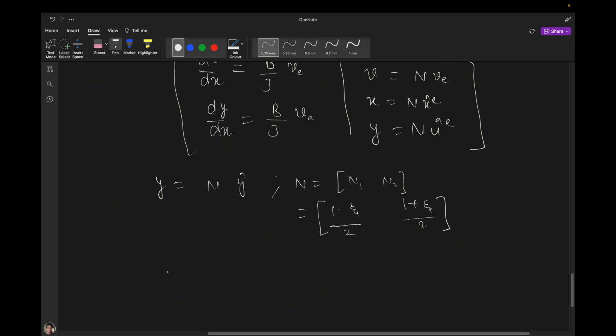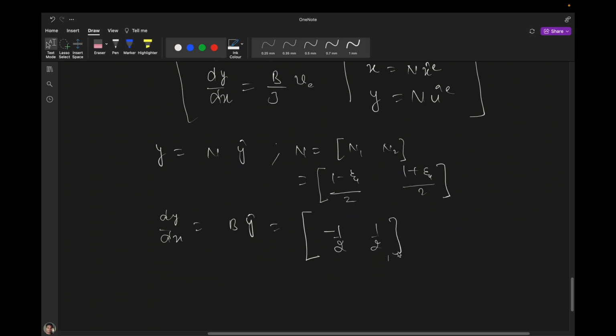Okay, and now what is the dy by dx? Dy by dx is nothing but b y hat, and this is what y. What is b? It is nothing but the derivative of this with respect to zeta, and this will become minus 1 by 2 and 1 by 2.